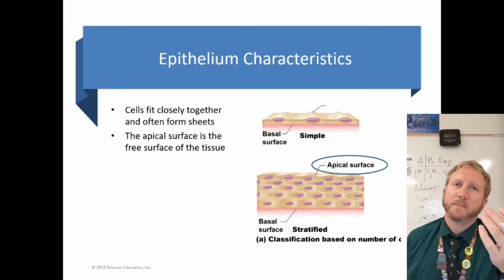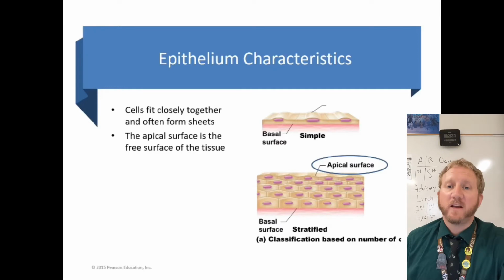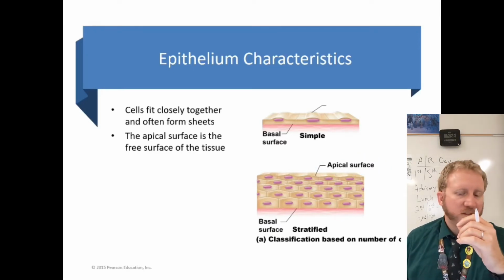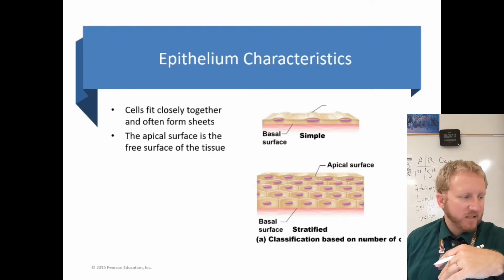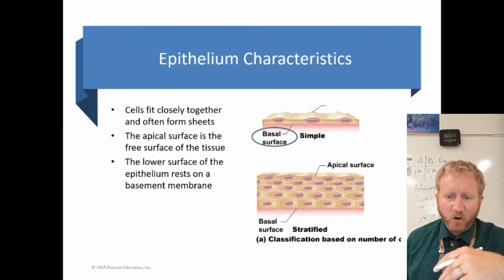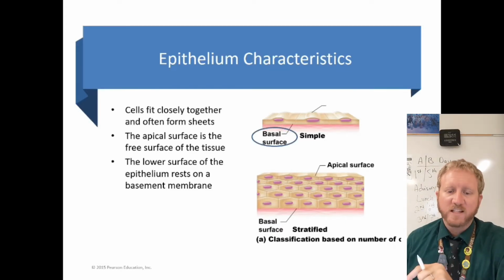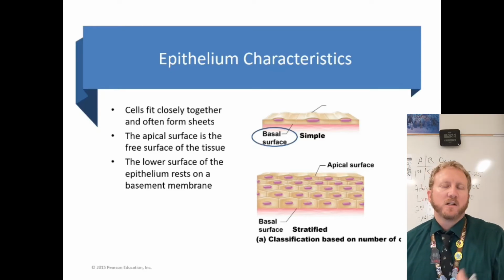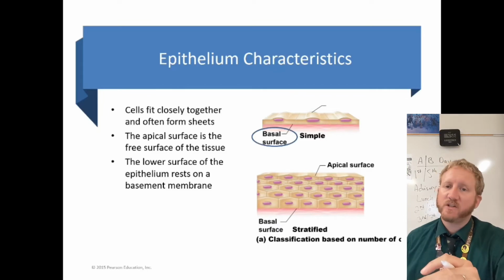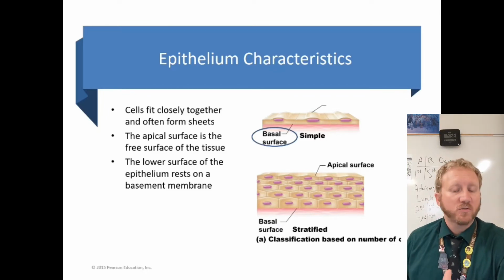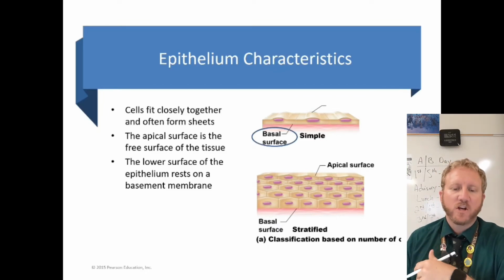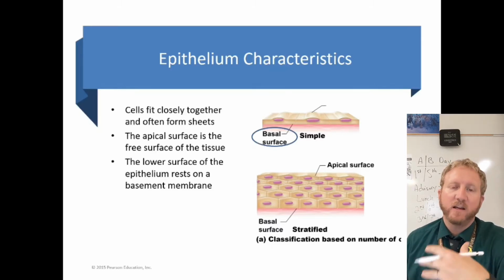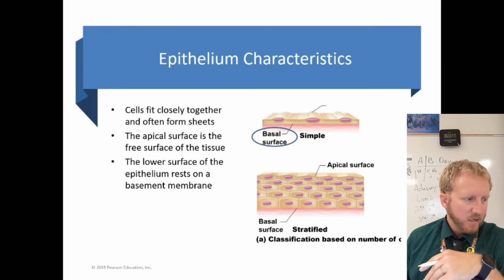Typically, you've got empty space basically on the other side of the apical surface. The opposite side of that is the lower surface, or the basal surface, and that's going to rest on some sort of basement membrane. Now, a lot of times this tissue is connective tissue that it's attached to, and so this is how we get the linings, especially of like internal organs and things like that.